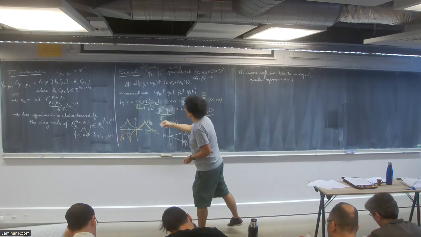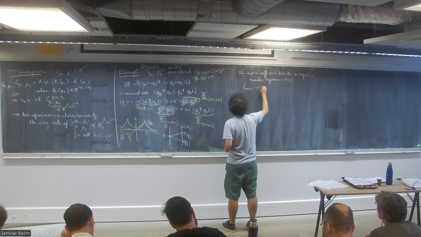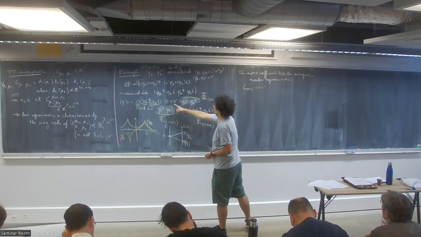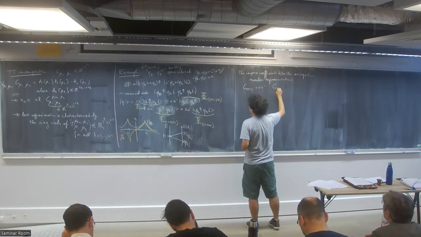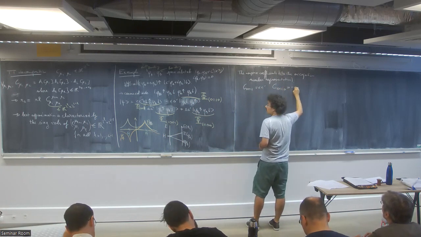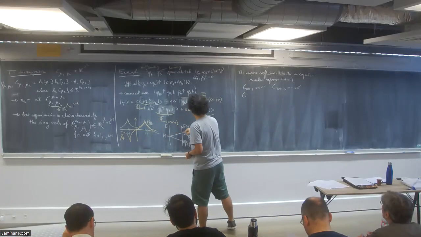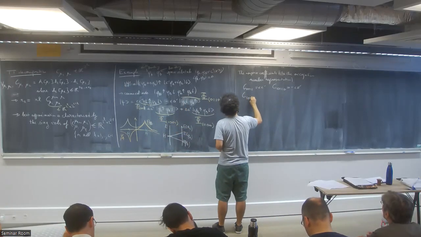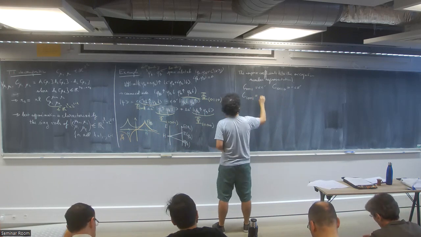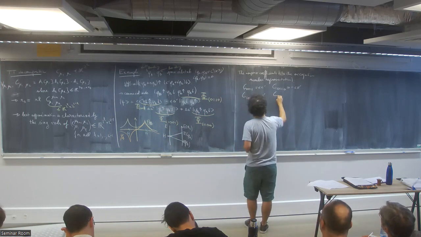I have C 0, 0, 1, 1, which is equal to C prime. I have this coefficient here, I have this coefficient here, and I have this one.